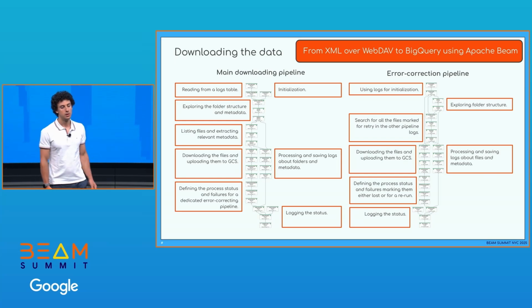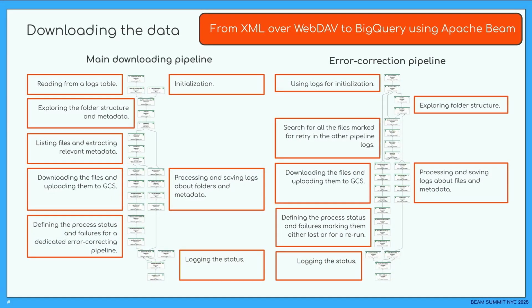As I was saying, the main downloading pipeline is in charge of 90% of the download process, and starts with reading from a logs table. That table is populated by that same pipeline at a later stage.